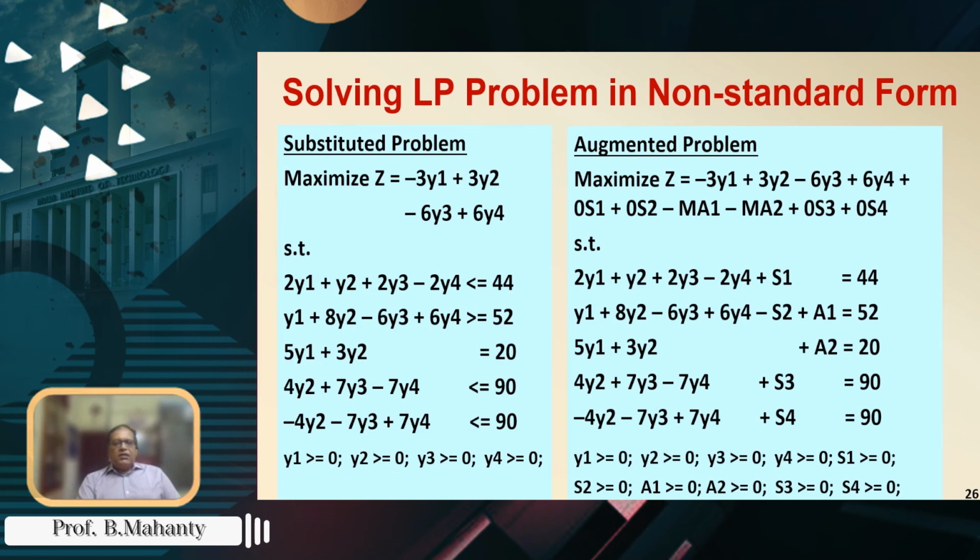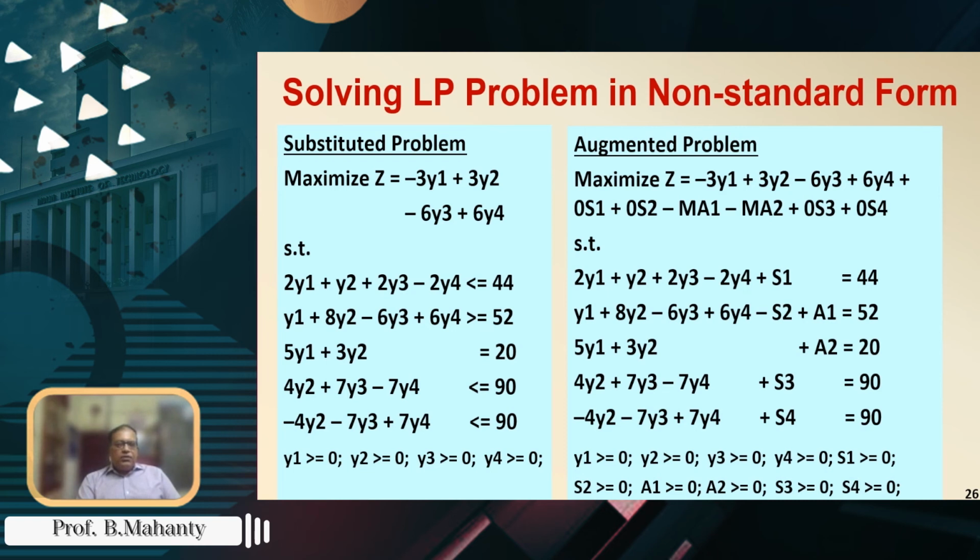So here is our augmented problem, and since it is one of maximization, we have to attach a minus M to the two artificial variables, and 0s3 plus 0s4 and 0s1 0s2. So the first constraint gets plus s1 because it's a slack, the second one gets minus s2 plus a1 because it's a greater than or equal to type, so we have a surplus variable and an artificial variable.